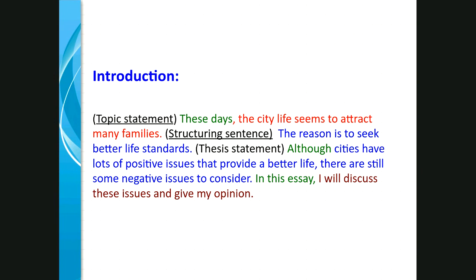Can we say the reason is to seek better life standards? And do you mean put it here at the end? This is your outline. You can merge the outline statement without saying "in this essay." For example: although cities have lots of positive issues that provide a better life, there are still some negative issues to consider.